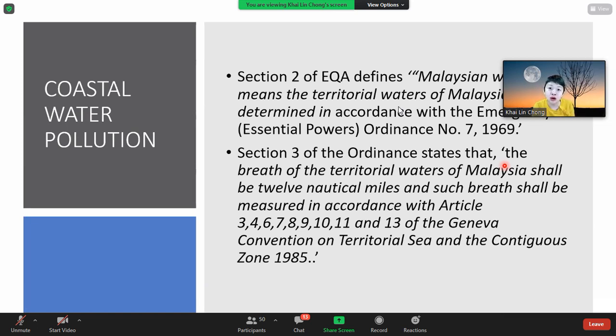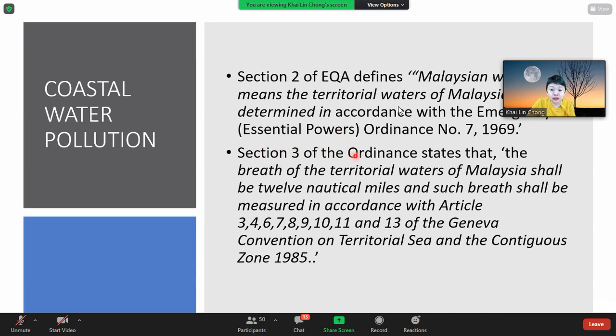Okay, our coastal water. So when we come to the coastal waters, section 2 of EQA defines Malaysian water. You all kalau tahu, dalam tanah kita, keluar ada berapa banyak is considered still dalam territory of Malaysia. Okay, so that is what we say as Malaysian water. Itu air yang milik kepada Malaysia. Okay, means the territorial water of Malaysia as determined in accordance with the Emergency Essential Power Ordinance number 7 in 1969.